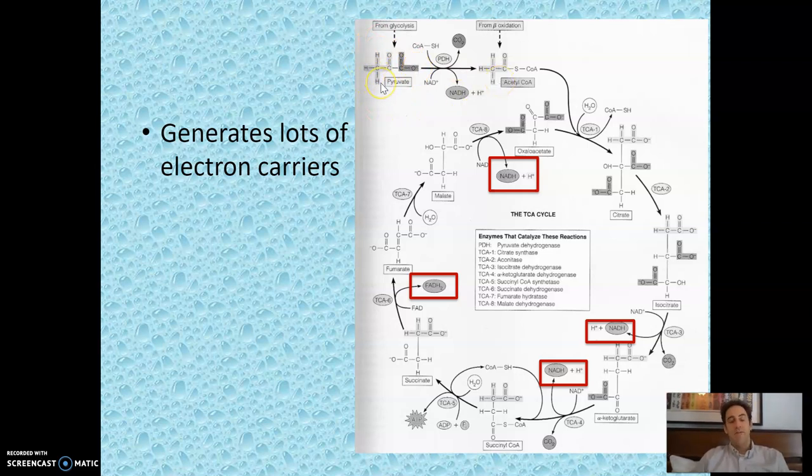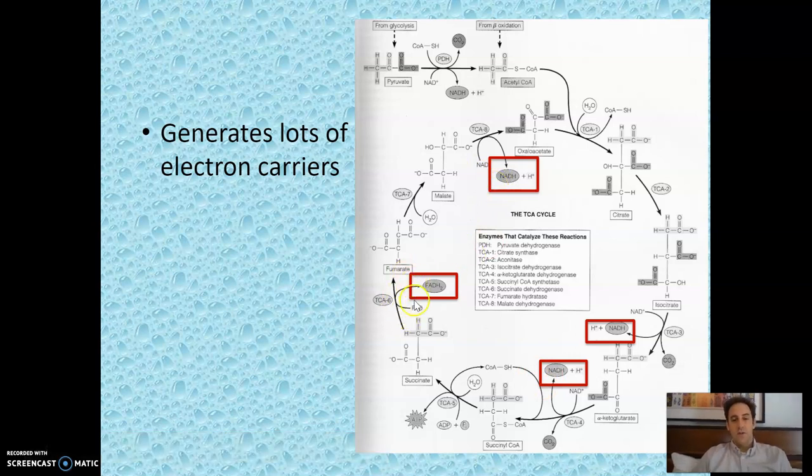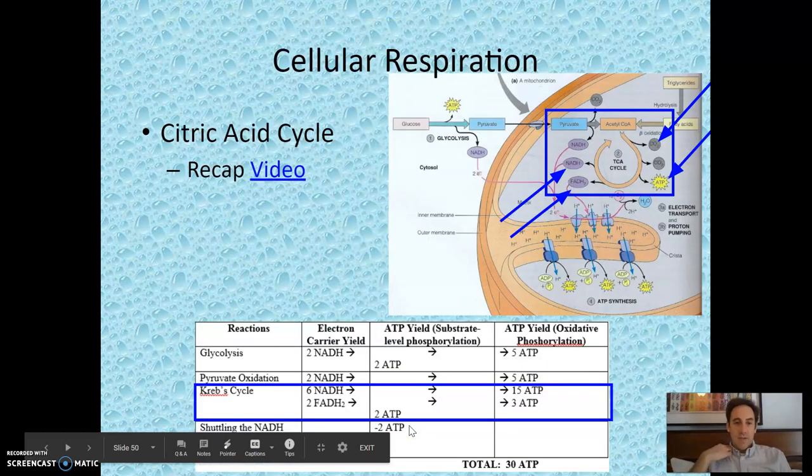So 2 pyruvate, and you can add this to your sheet, gives 2 acetyl-CoA, releasing 2 CO2 and 2 NADH. And so then we get 2 NADH here, 2 NADH here, 2 NADH there, and then 2 FADH2. We get 2 ATP down here. And so everything's happening twice per molecule of glucose, and that's why these numbers are 6 and 2.